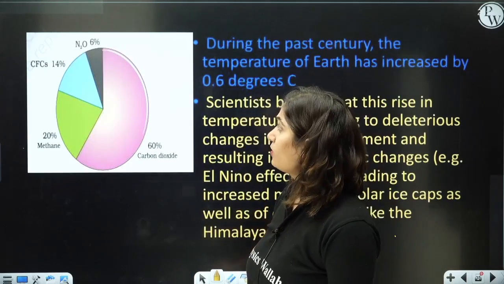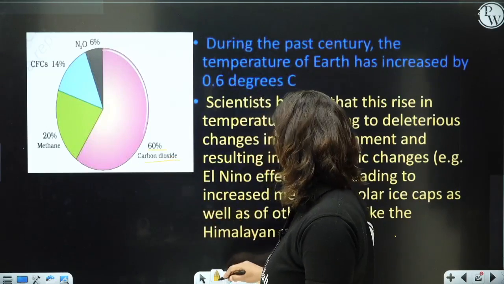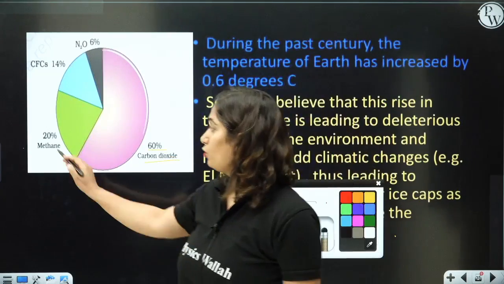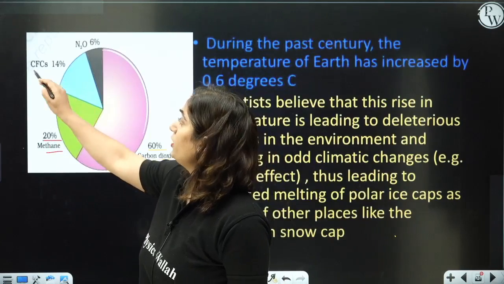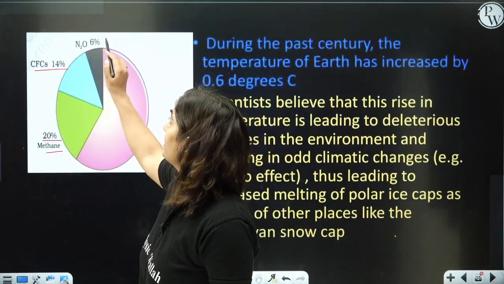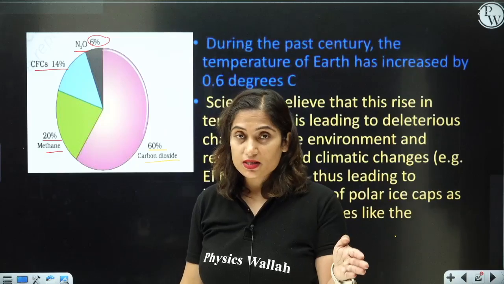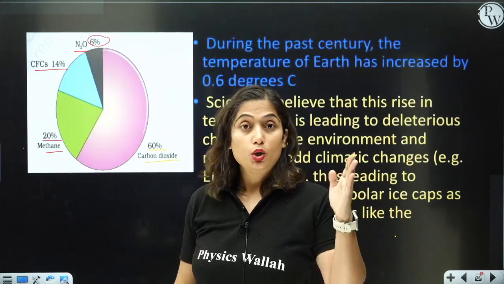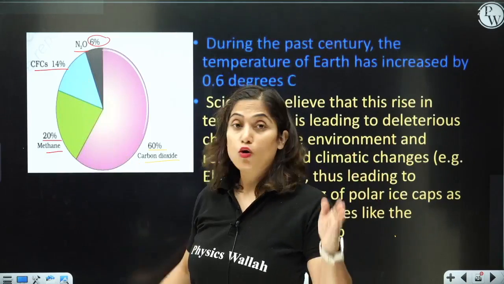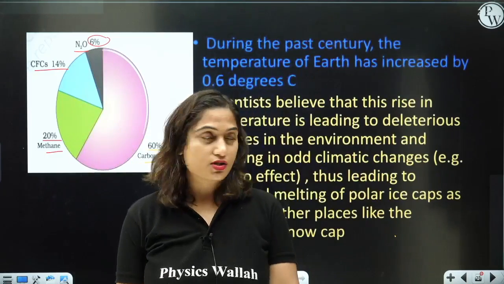In the greenhouse gases, 60% is CO2, 20% is methane, 14% chlorofluorocarbons, which are generated by refrigerators, and 6% nitric oxides. Very important. 60% carbon dioxide, 20% methane, 14% chlorofluorocarbons, and around 6% nitric oxides.